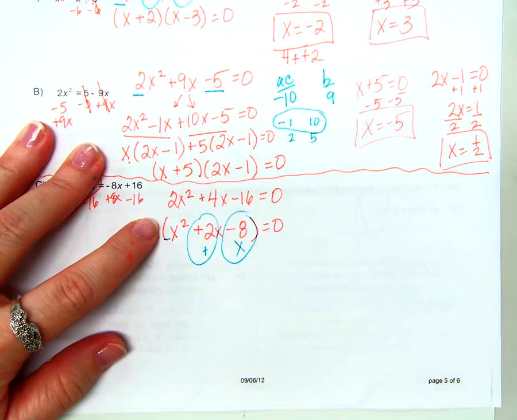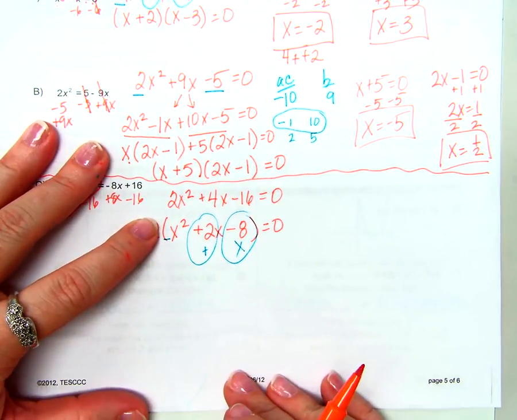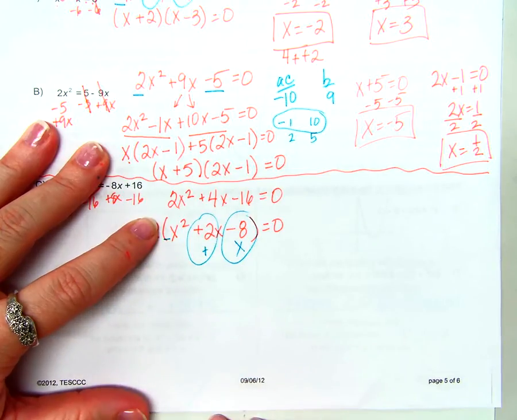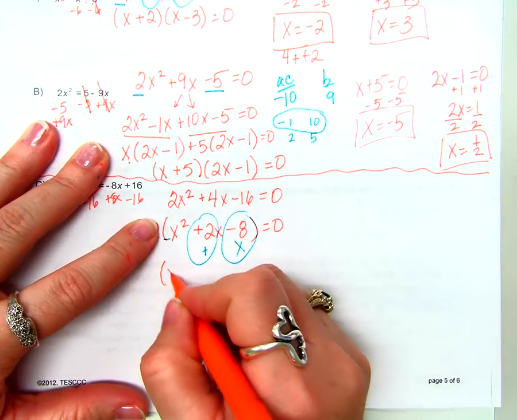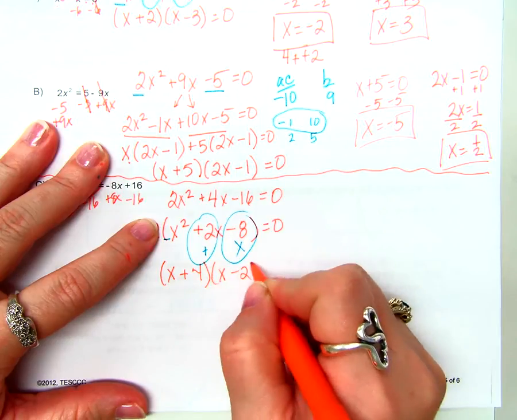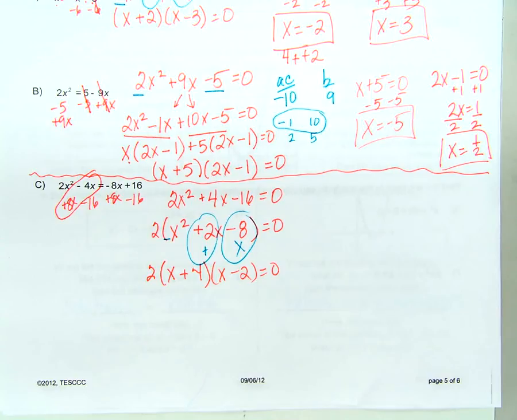Negative 2 and positive 4. Because my leading coefficient is 1, where can I go straight to? I can go straight to the factors, can't I? What'd you say it was? X plus 4 and x minus 2? Now it's all the way factored, isn't it?